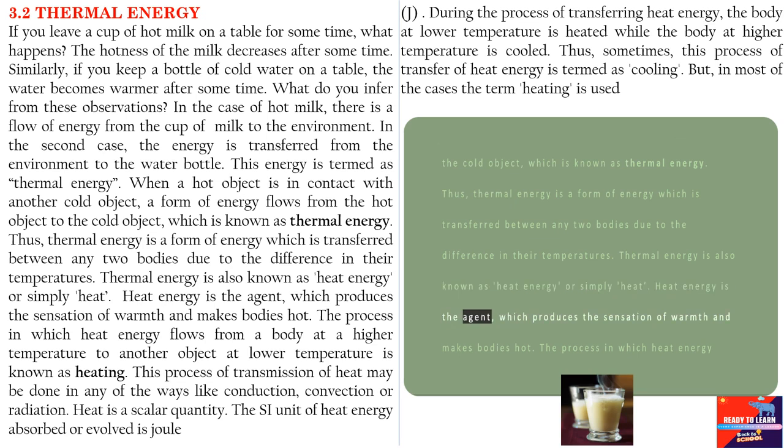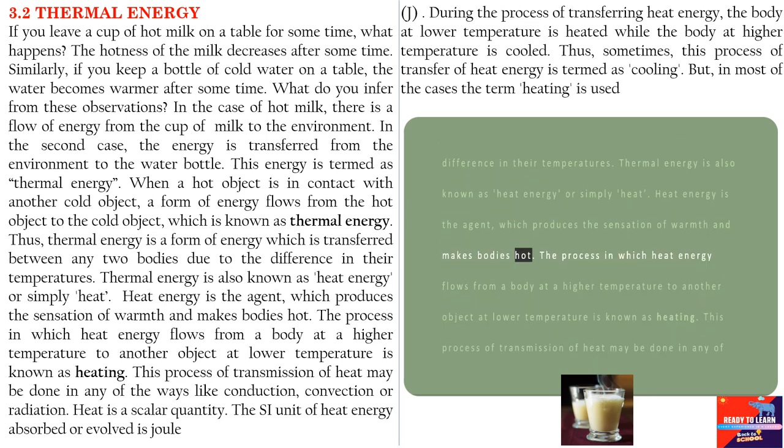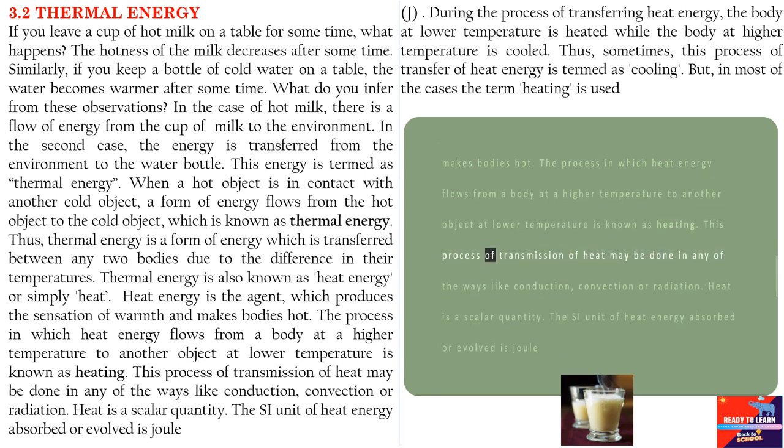Heat energy is the agent which produces the sensation of warmth and makes bodies hot. The process in which heat energy flows from a body at a higher temperature to another object at lower temperature is known as heating. This process of transmission of heat may be done in any of the ways like conduction, convection, or radiation. Heat is a scalar quantity.